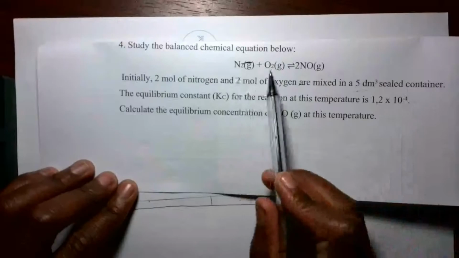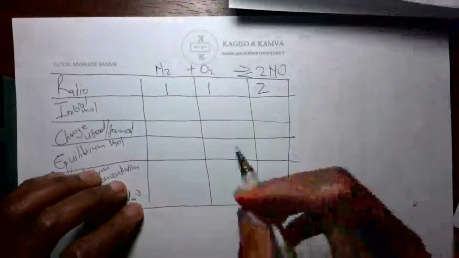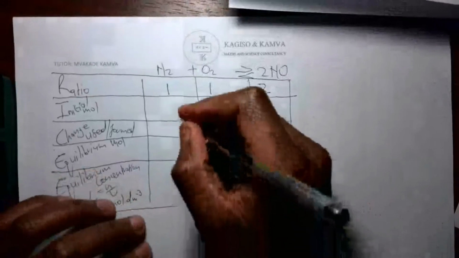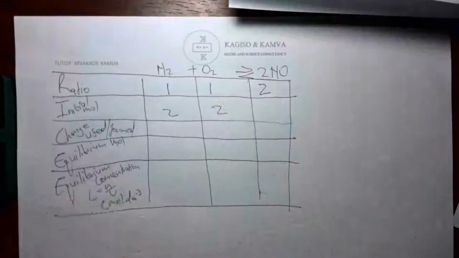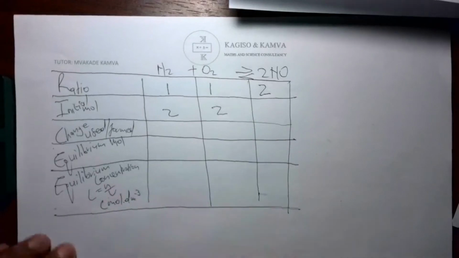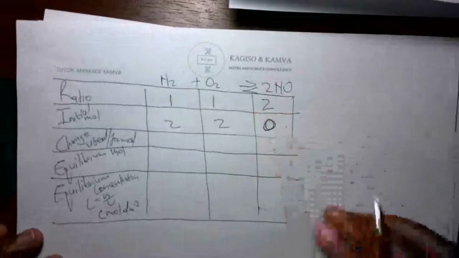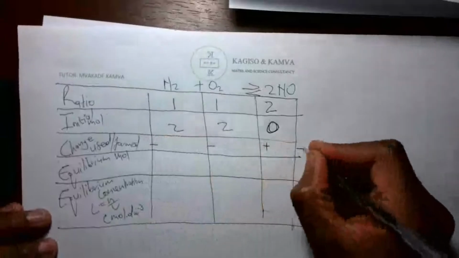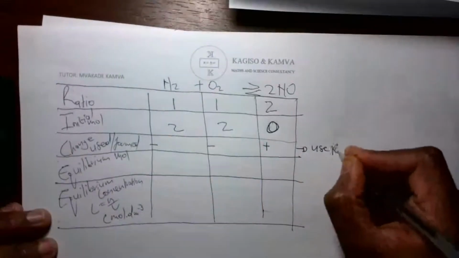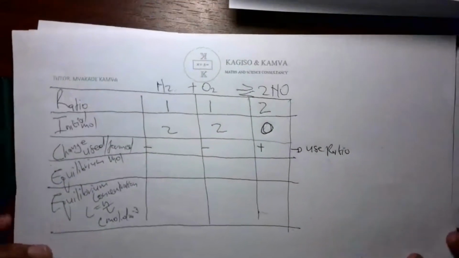We only have N2 and O2 initially, that's what you can take out from that statement: 2 mole of that and 2 mole of this. And then we've got 0 for NO. Here we write negative, negative. This one is positive. And here we write use ratio. And that is it.